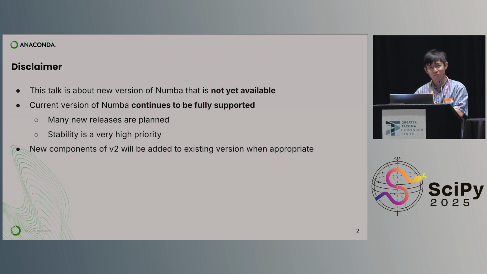The new project that we are describing here is not available as a ready-to-use library, but we have a set of demos, and there is a Jupyter book at the end, which I will show. You can check it out and have a look. Stability is a very high priority for us, so new components of v2 will be added to existing versions of Numba when it's appropriate. So we're doing the crazy stuff in isolation.